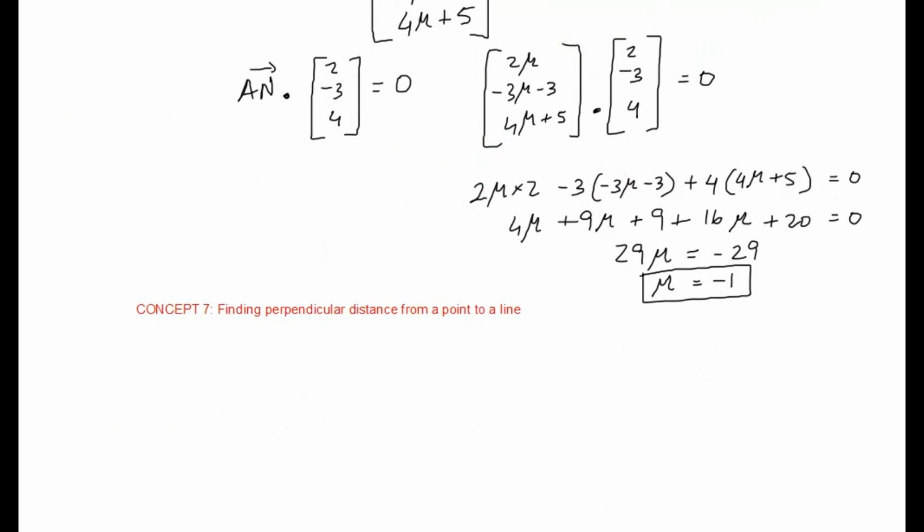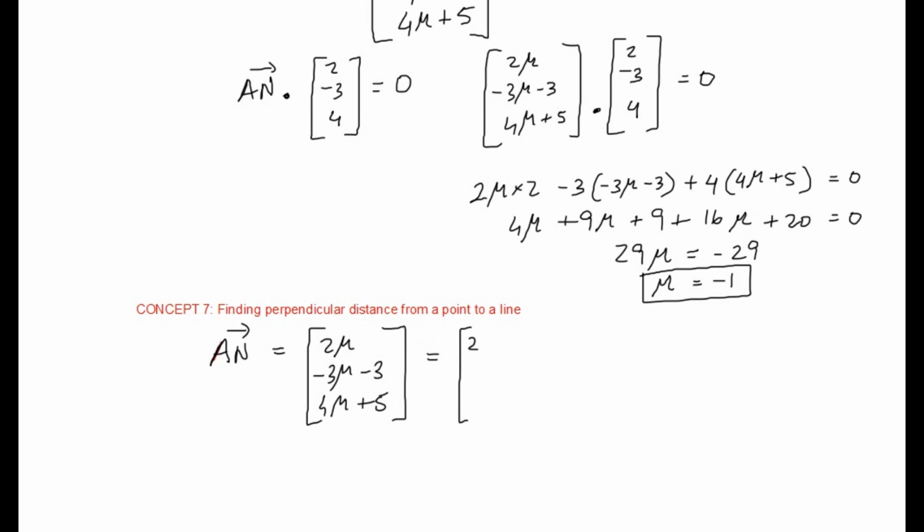So we have already found that AN is equal to 2 mu minus 3, mu minus 3, 4 mu plus 5. Now we already know the value of mu is negative 1, so plug that in there.